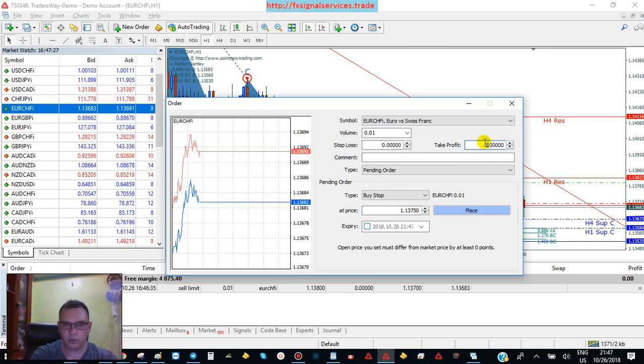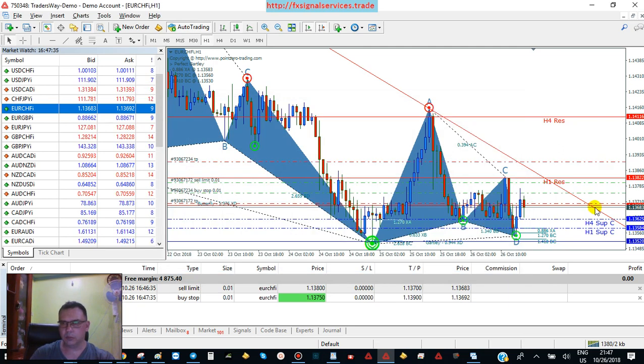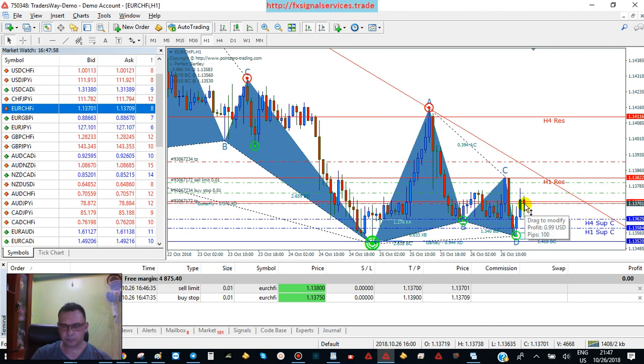All right, and then 1.13900, I just put that so you can see this. Okay, and then it'll come down, close this to go back up, trip this, and then close here to take profit. All right, and how much is 150 pips? All right, so it's like a double whammy. You go up, down, back up again. Okay, so that's kind of what we're looking at.